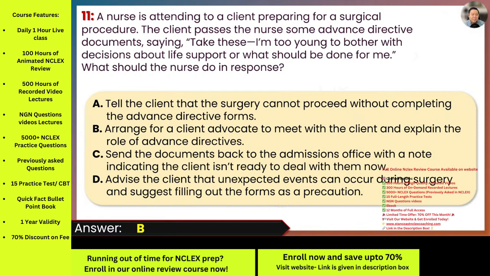And you have to eliminate those fear-based or dismissive answers, such as option D. You have to avoid anxiety-inducing language. And in letter C, you have to avoid neglecting the issue. And in letter A, you have to avoid making false claims. So I hope that gives you clarity about the options.